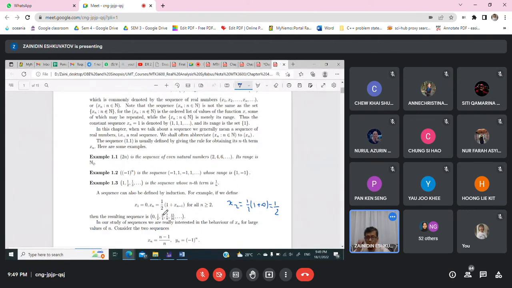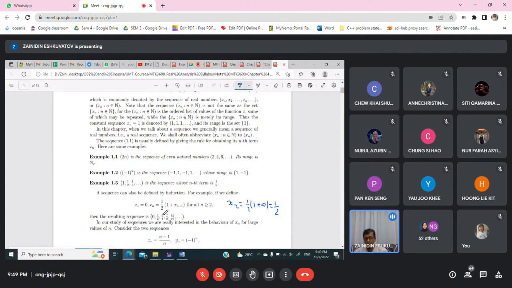This is okay. But if there is a list of data, how do we find the formula? The opposite is not easy. Of course, for certain cases, we are able to find the nth term of the sequence.